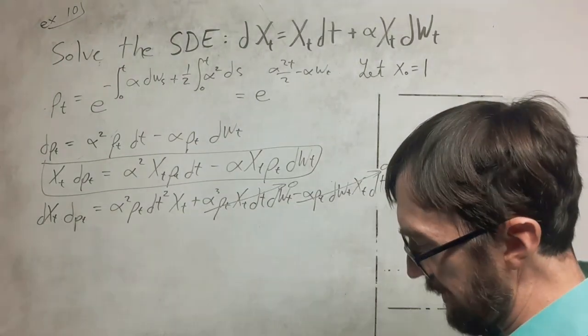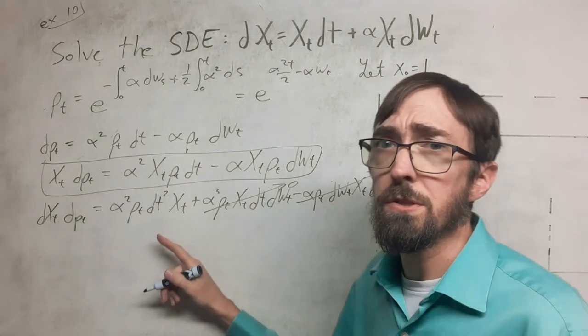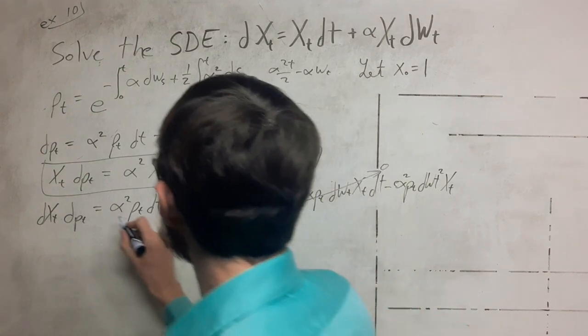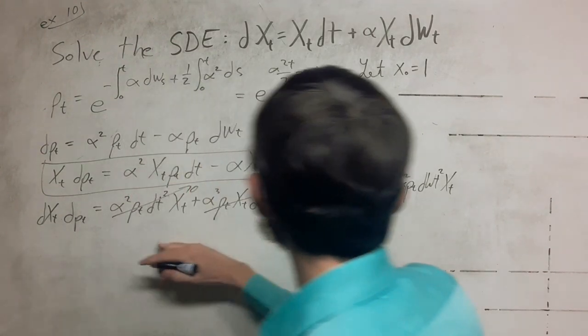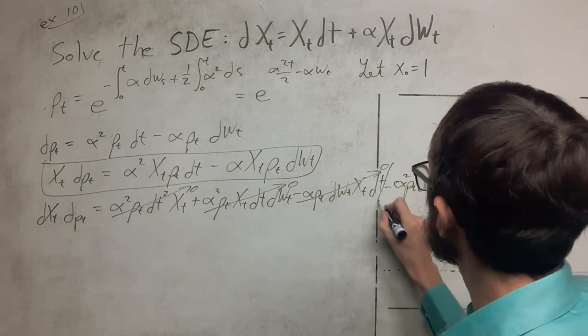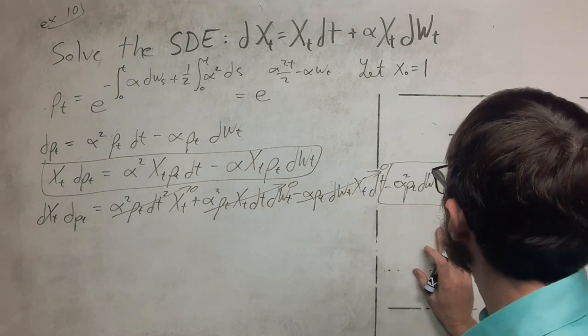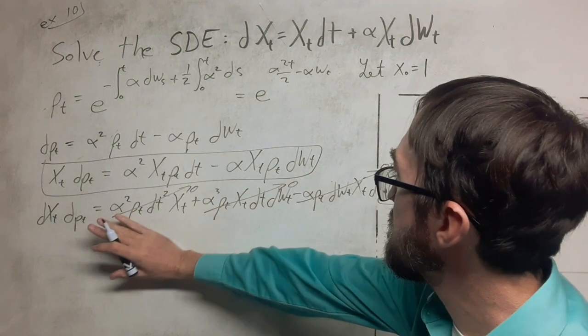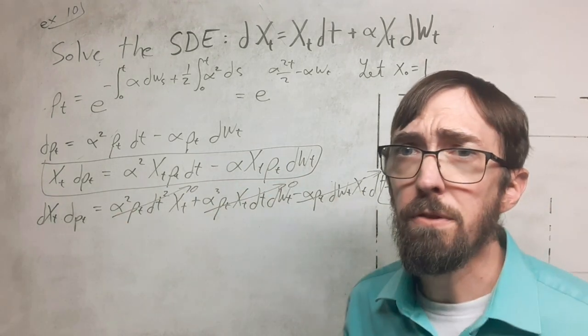The dt squared is in one of his earliest videos in the series on Ito calculus, and this is also going to go to 0. So we have 0, 0, 0 here, leaving this last term. That's the only one that survives. So we can erase the rest of this and keep this term.